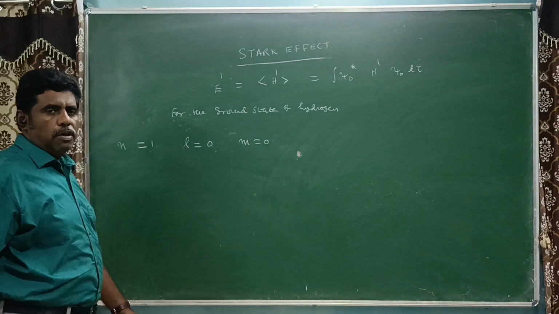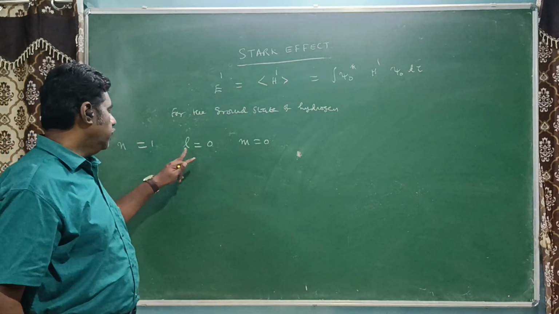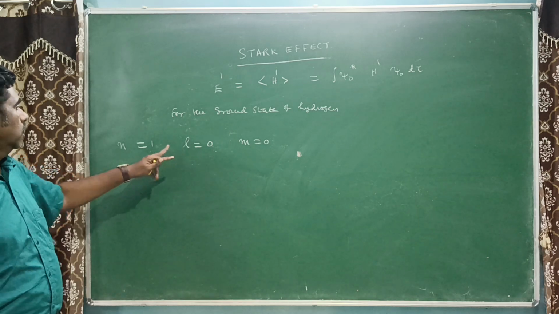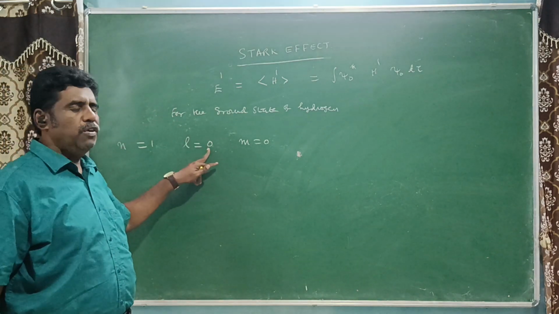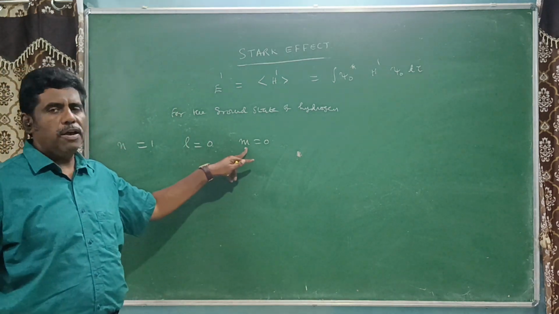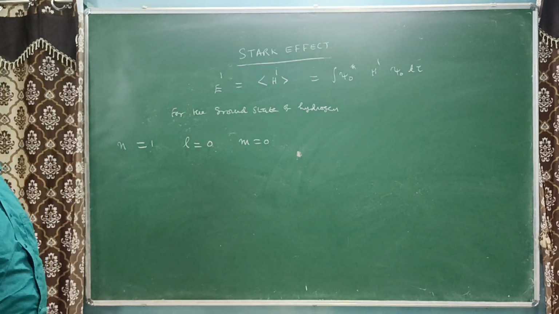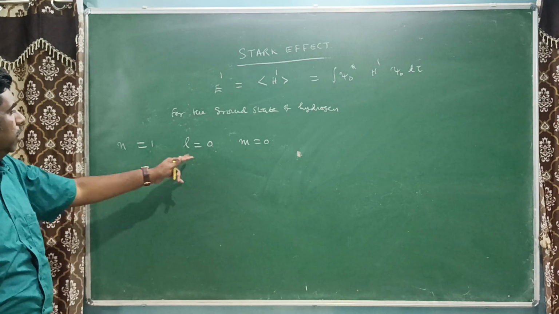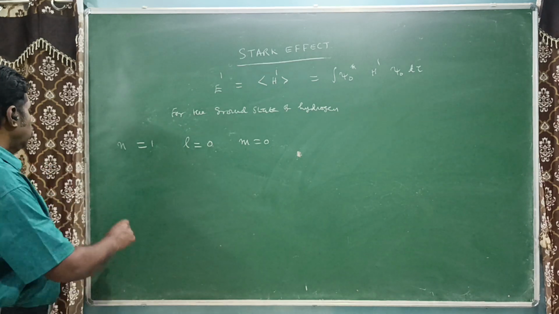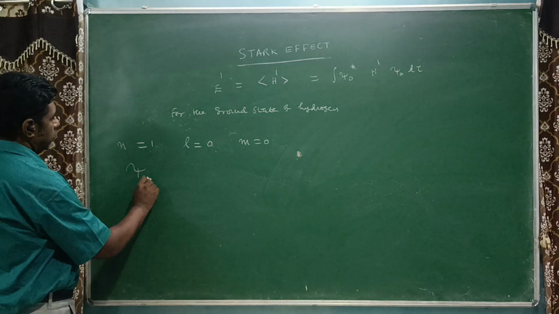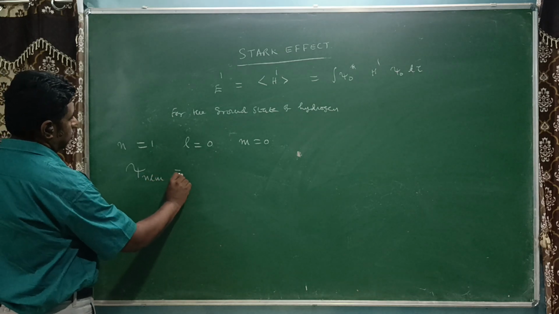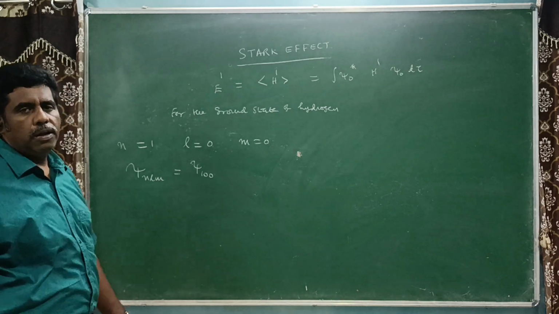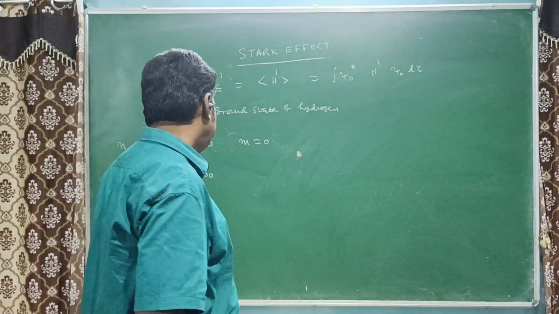For the given value of n, l can have 0 to n minus 1 values. Suppose the value of l is given to you, m can have minus l to plus l values. For the ground state, n equal to 1, l equal to 0, m equal to 0, then the wave function psi n l m equal to psi 1 0 0. This is our ground state wave function.